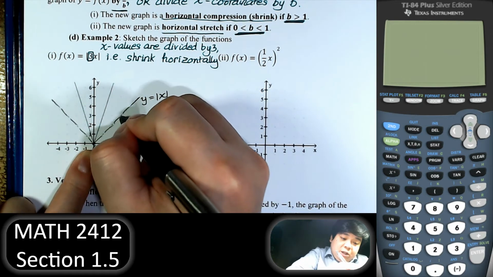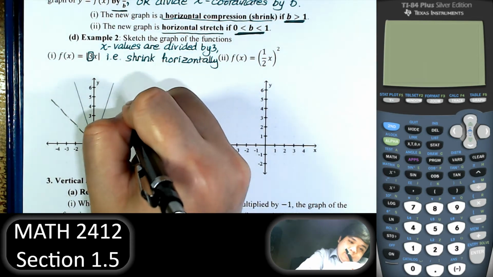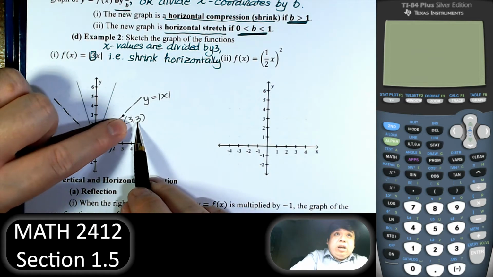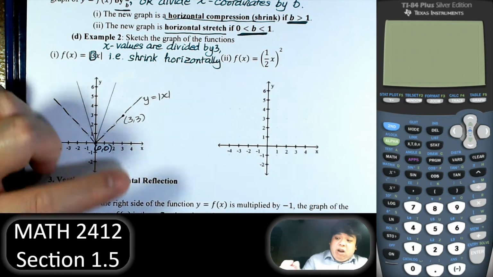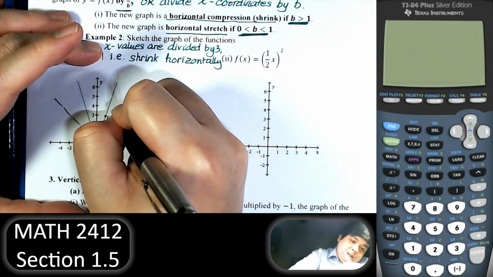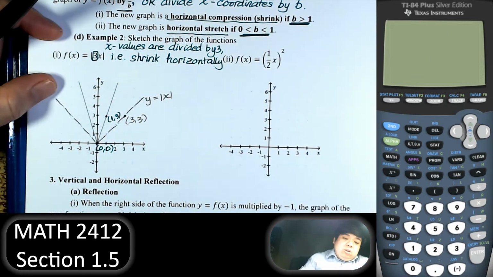Now let's choose if the x value is 3 and 3, this point 3 and 3. We take the x value 3 divided by 3. 3 divided by 3 is 1. So we have the point 1 and 3. And so on.